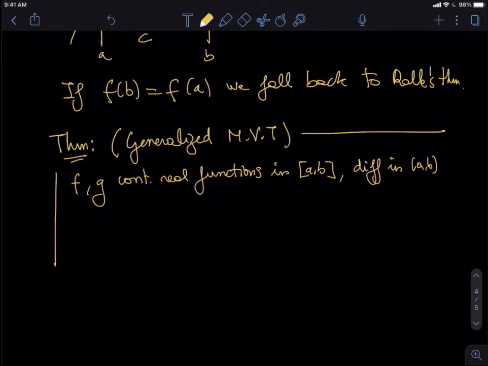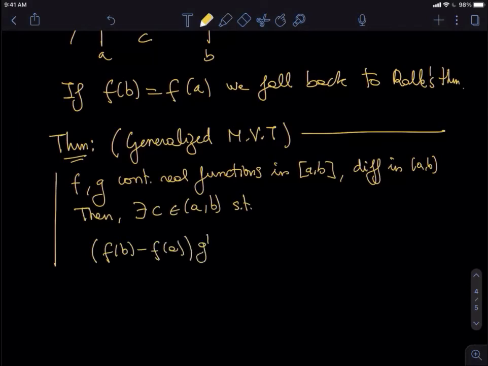Now, what the theorem says is that then there exists c in the open interval such that (f(b) minus f(a)) times g prime of c equals (g(b) minus g(a)) times f prime of c.